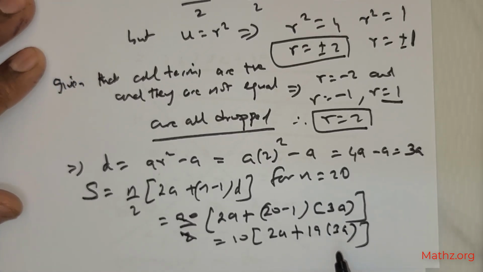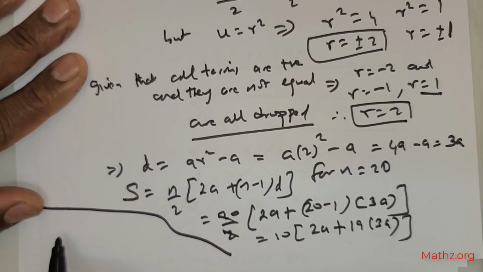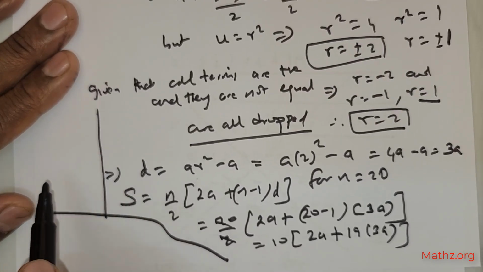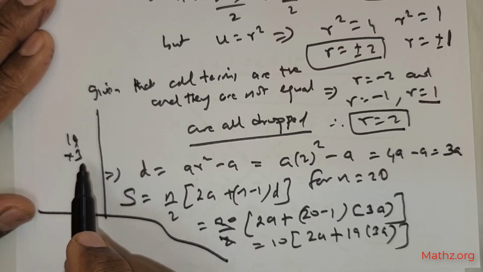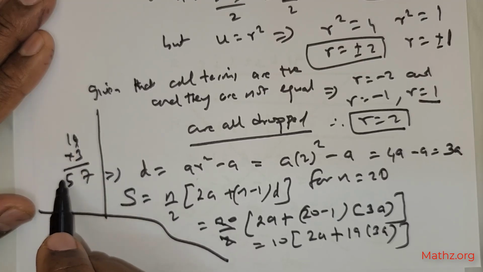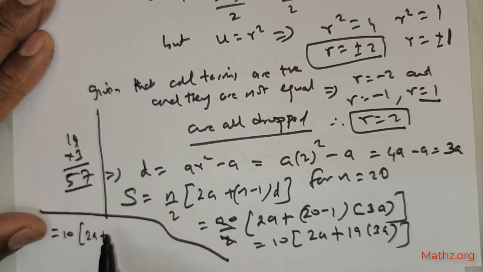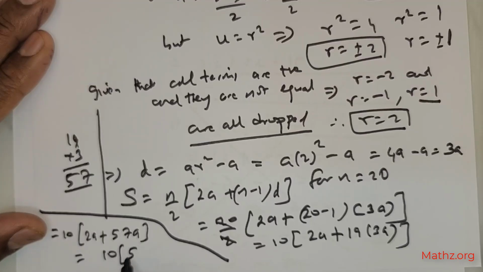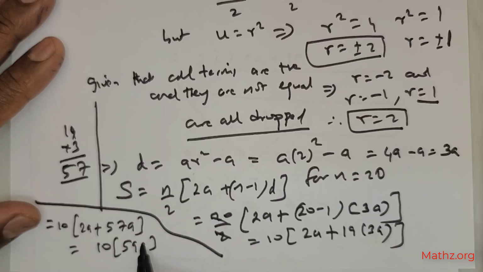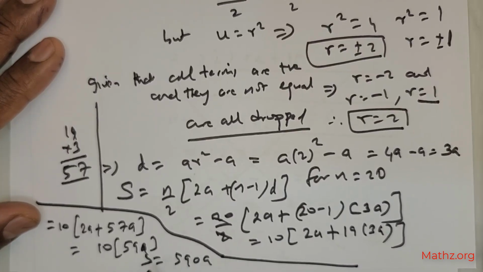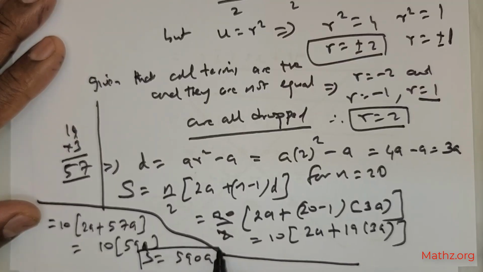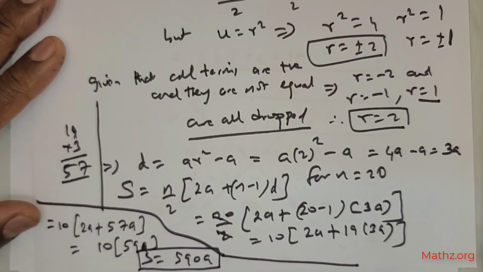Now 19 into 3, what is that? 9 3s are 27, plus 30 is 57. So you have 2a plus 57a. This is 10 times 59a, which is 590a. This is S. Okay, that's exactly what they want.